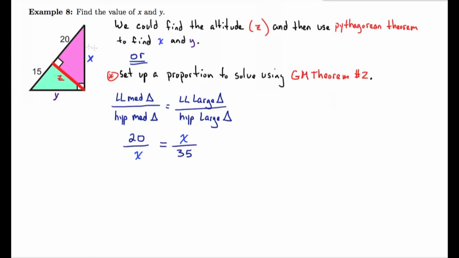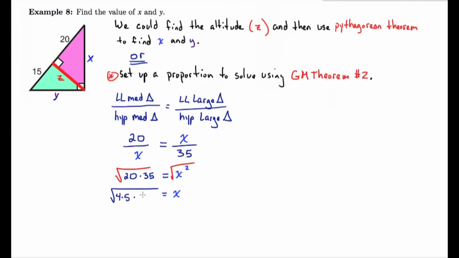So now I can cross multiply and solve for x. 20 times 35 on the left, x squared on the right. I'm going to take the square root of this. Again, I don't want to multiply these numbers 20 and 35 because I'm going to end up factoring them anyway.